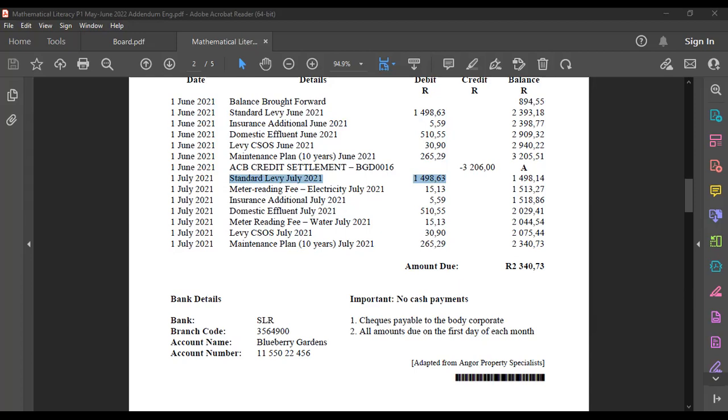We must multiply by 11, not 12, sorry. Because remember, the school year, they learn from January to November.